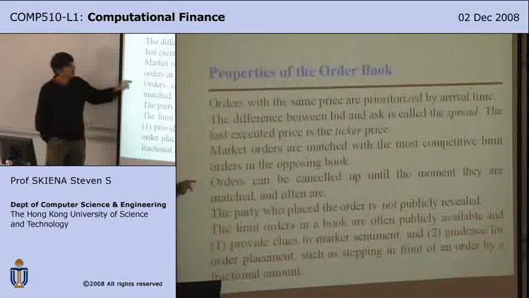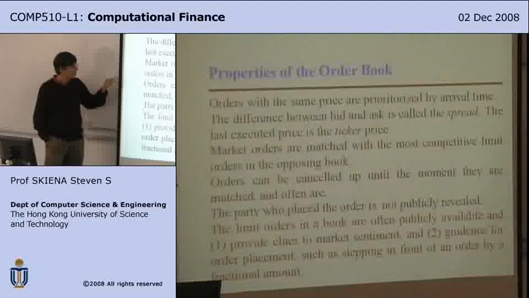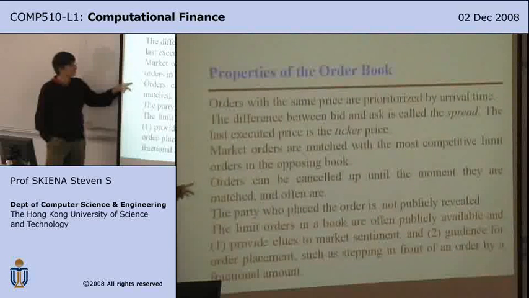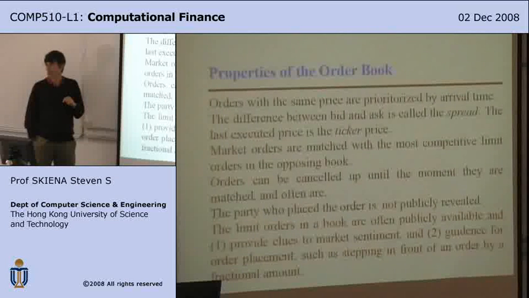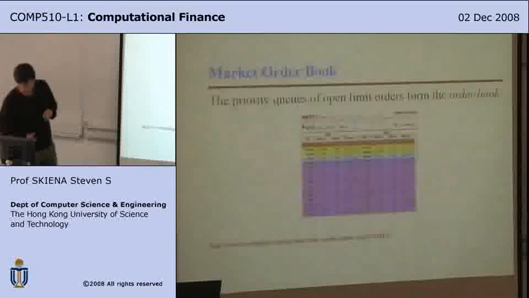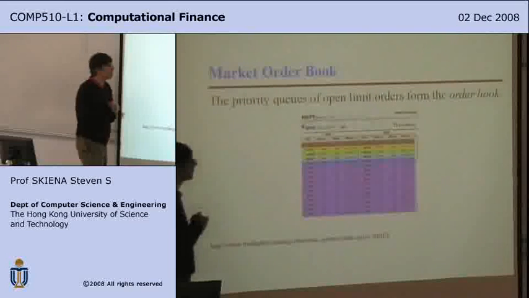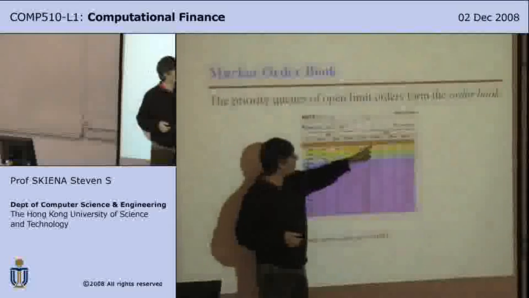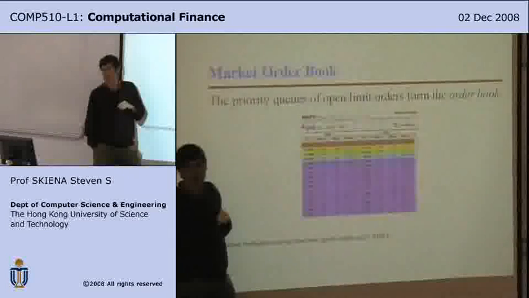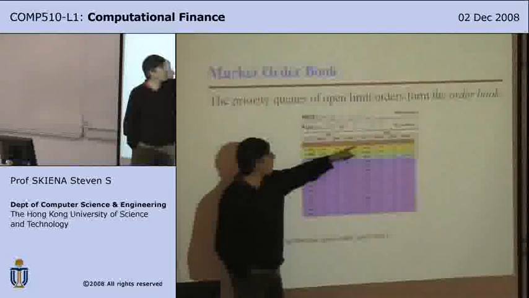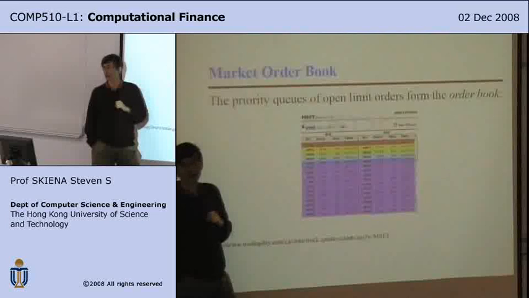Orders can be canceled up until the moment that they are matched. And apparently now, because you have these electronic trading systems, large numbers of orders are canceled right at the last minute. Because you could imagine some flexible electronic hedge fund put in an order a few minutes ago to sell at this price. Okay? They're now next in line. If they know they're next in line and now they don't want it, boom, they can cancel it.